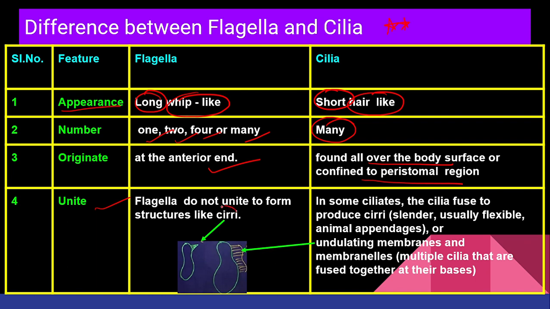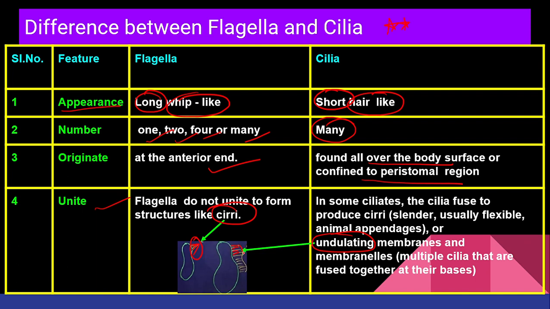Now when we talk about the unity, flagella do not have cirri. Now two words you are supposed to understand class, cirri and undulating. Cirri is nothing but, here you can see in the picture, when your cilia fuse together like a tent, this type of structure we call cirri. But sometimes cilia will move one by one.